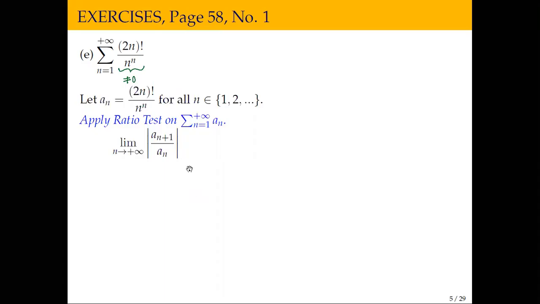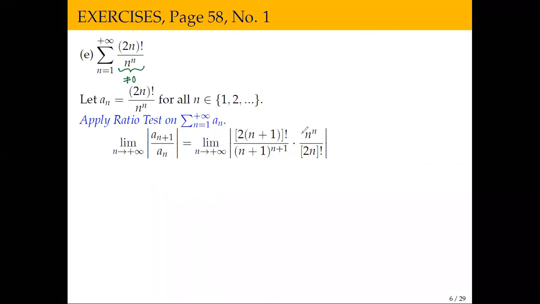Now proceeding with the solution, we replace a sub n plus 1 with this one, and the reciprocal of a sub n is given as this. Now I want you to look at the following.